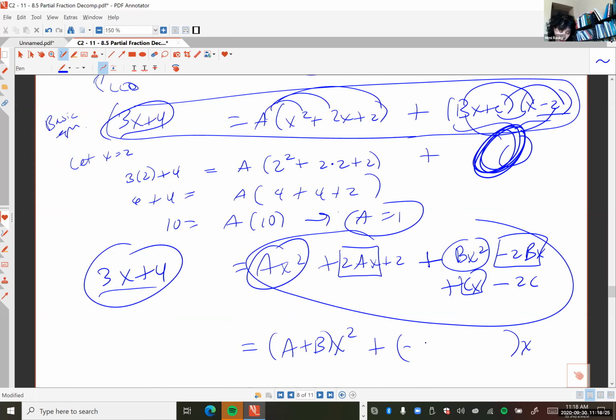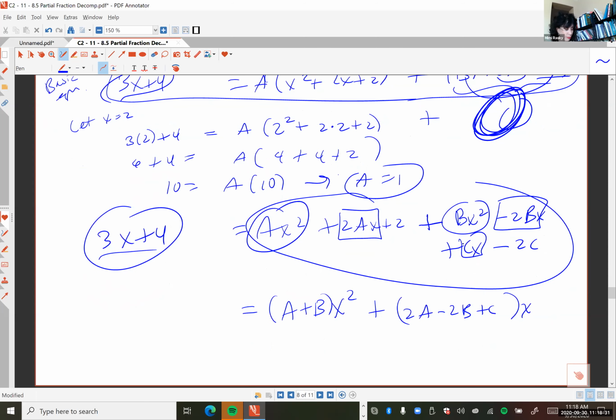So those coefficients will be 2a minus 2b plus c. And if I collect all of the constant terms, so who are the constants? This is supposed to be 2a, sorry. I have 2a minus 2c. So this is the constant term.